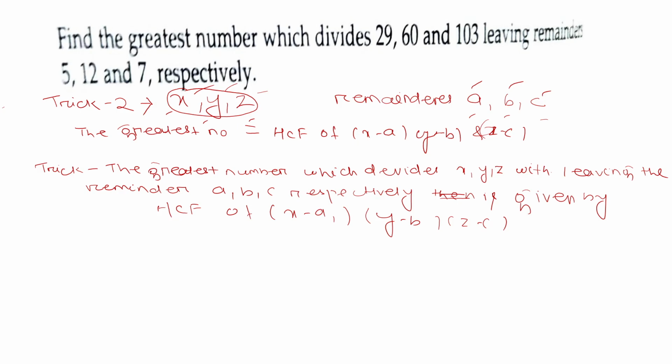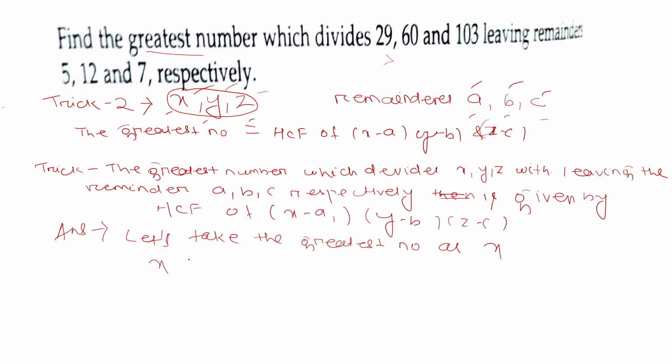Let us try the question. Find the greatest number. The given numbers are 29, 60 and 103. Let's take the greatest number as x.